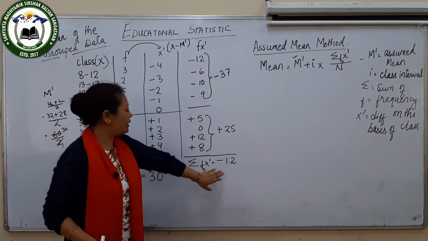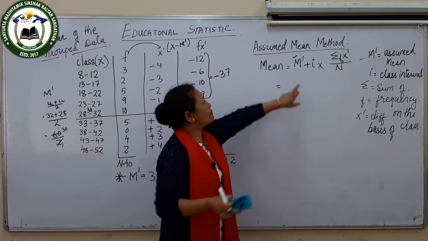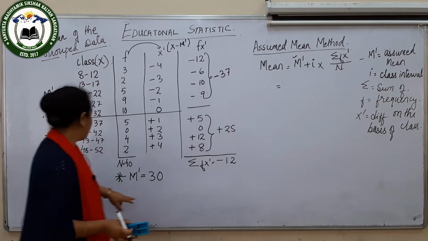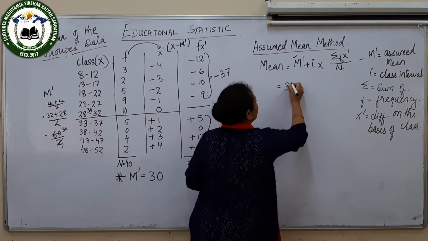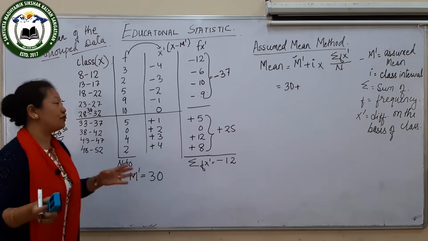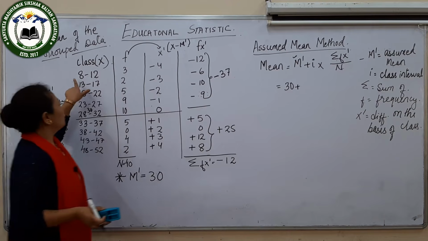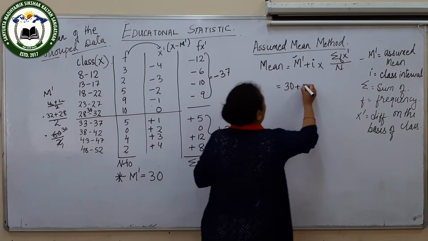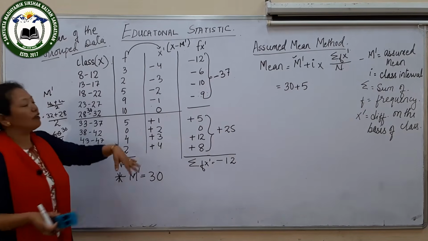Now, we'll apply this number over here. What is my m dash? M dash is my 30. So, I'll write over here 30 plus i. I means the class interval, or the gap between the two numbers. Over here we have taken 5, but there is no hard and fast rule that it has to be 5 only.